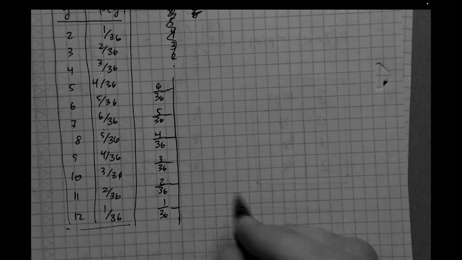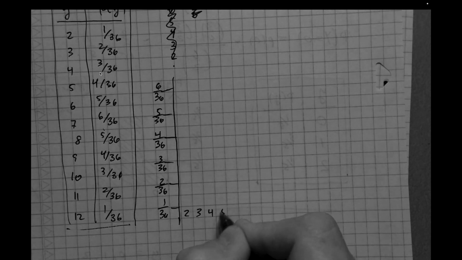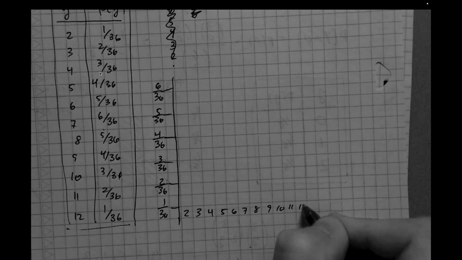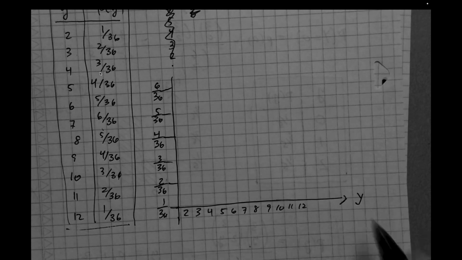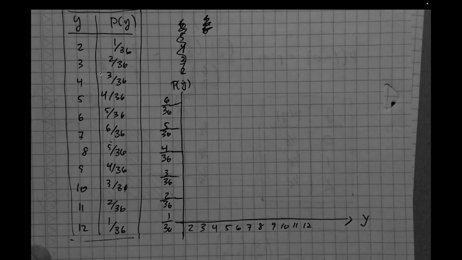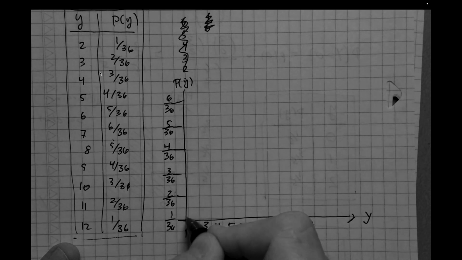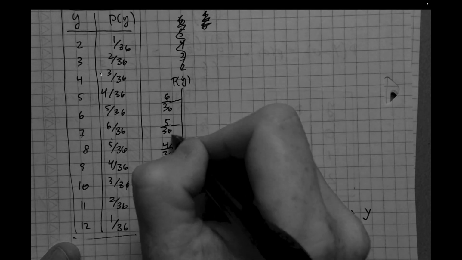Then I'll put all my values across the side: 2, 3, 4, 5, 6, 7, 8, 9, 10, 11, and 12. This is the values of y, and this is the probability of y. Everything's kind of getting shifted up.